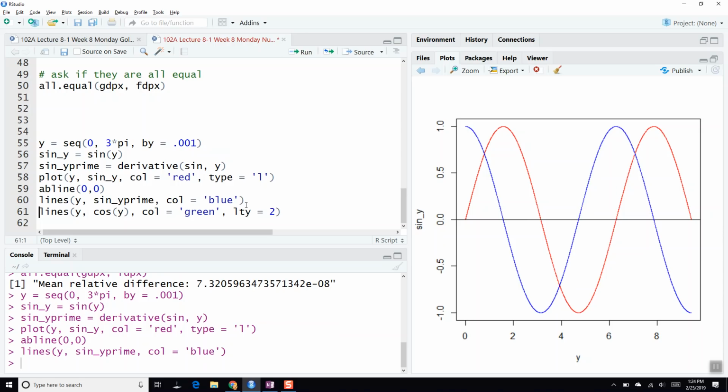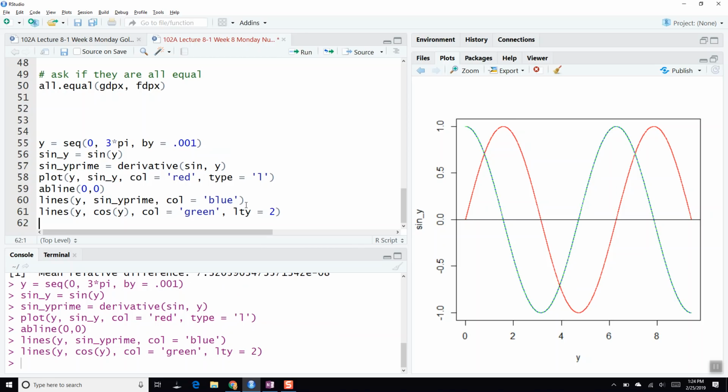The computer doesn't know that the derivative of sine of x is cosine of x or anything like that. It's just doing plus delta minus delta, calculating those values. And if I plot the cosine of x in green on top of it, we see that it lines up exactly. That's pretty good, right?